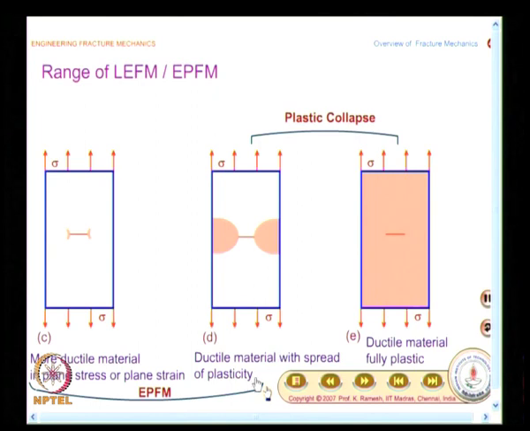So, if I have a ductile material with spread of plasticity, until a certain point you can apply EPFM, beyond a point you need to go for plastic collapse, because certain structures can fail by plastic collapse.